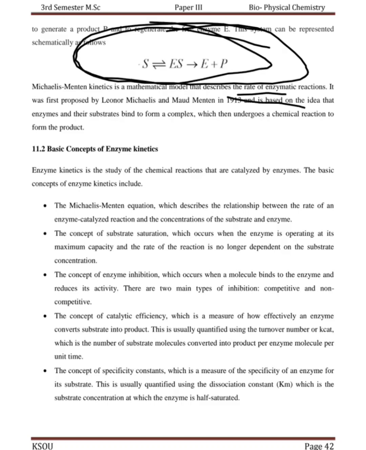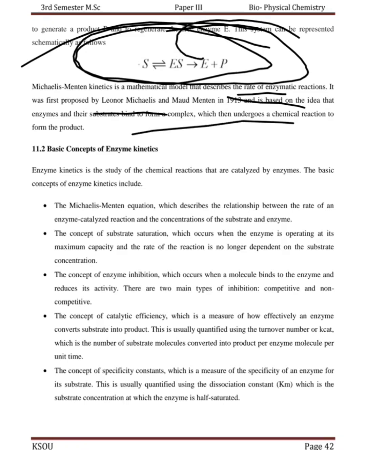Enzyme reaction, that is enzyme plus ligand forming the enzyme plus product. So this is the rate of enzymatic reaction, and it was proposed by Leonor Michaelis and Maud Menten in 1930. So here the substrate binds to form a complex.